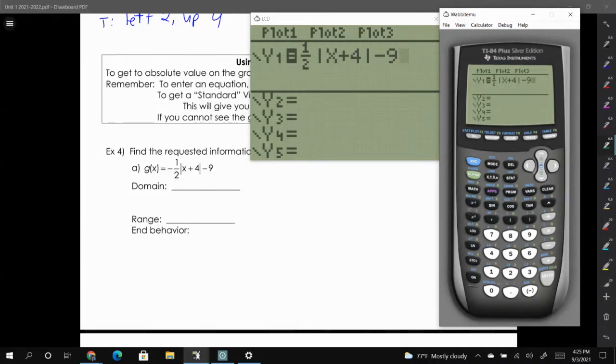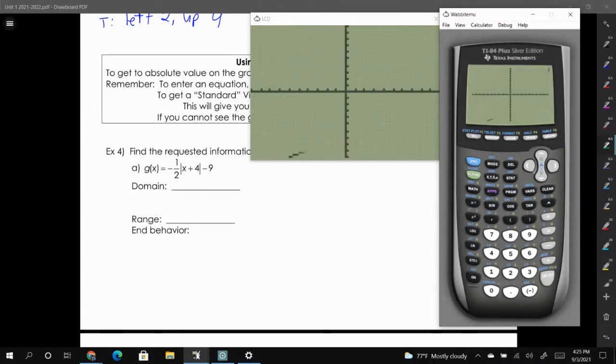And the reason why I like using the fraction instead of 1 divided by 2, well, it looks like my negative sign went away, is when I'm using a calculator, I always want to make my calculator screen look exactly like the problem. That way the calculator will do the things as I intended. And then we press graph. So a graph looks like that.